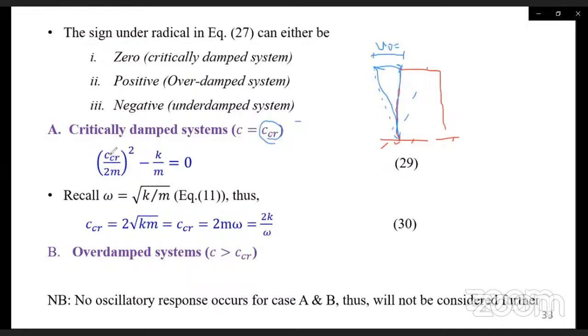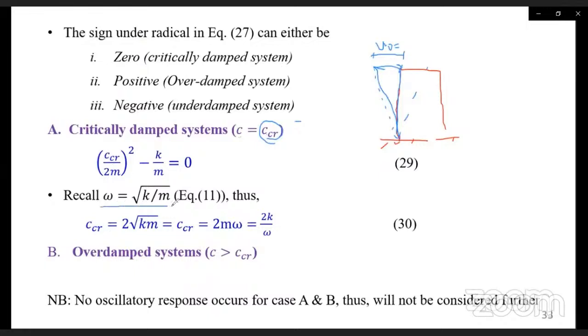From this expression, C is equal to C critical for a critically damped system, when the value under the root is equal to 0. So from here we can derive an expression for C critical, or the critical damping coefficient.